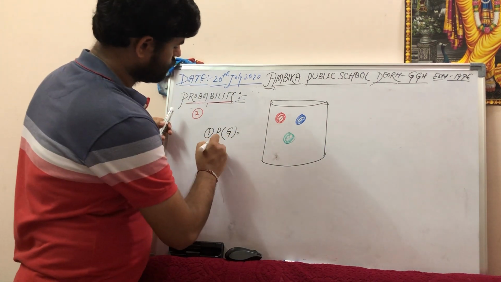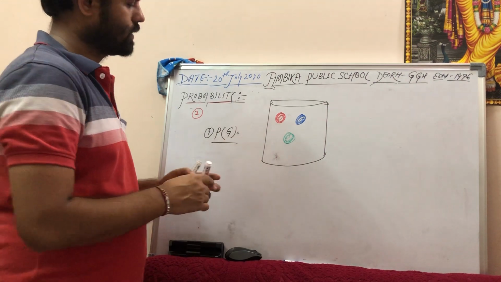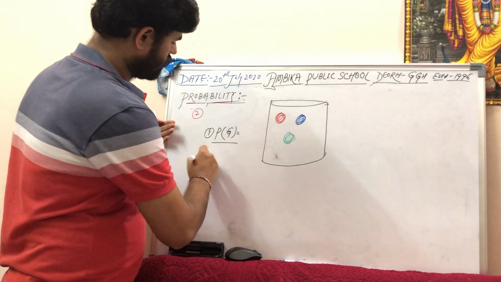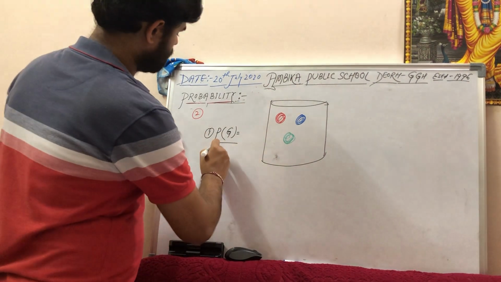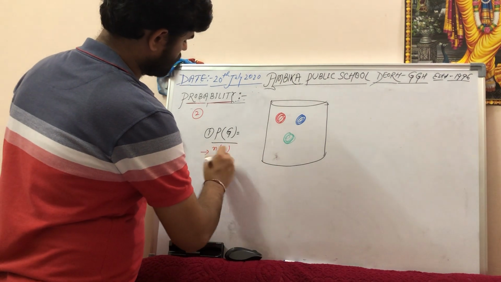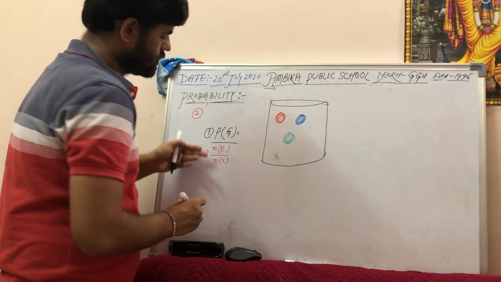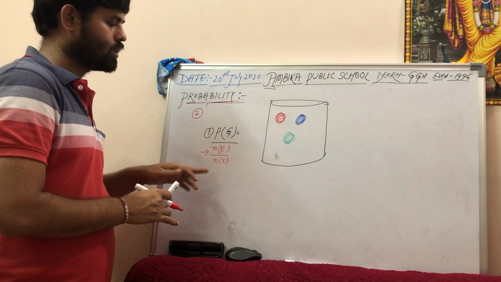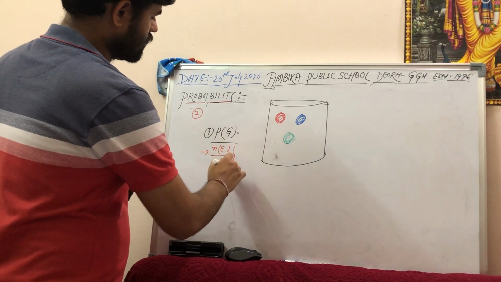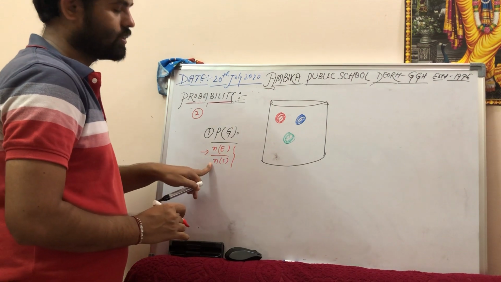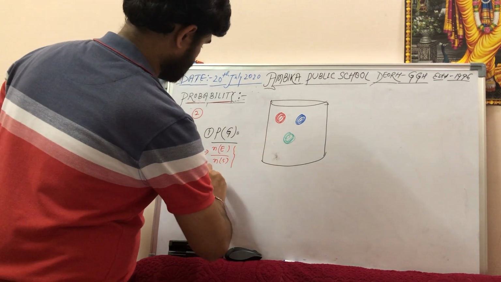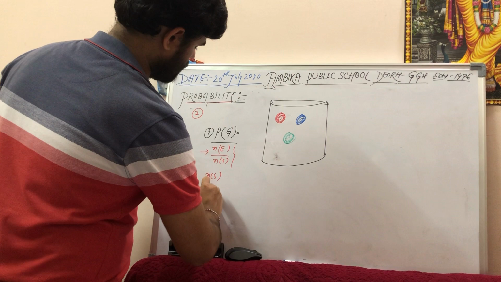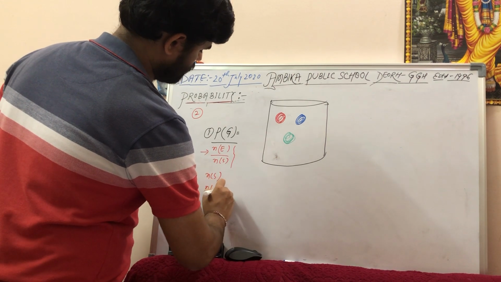So if I say probability of getting a green ball, then what is the definition? Probability means number of events by number of sample space. This is the definition, right? Probability equals number of events by number of sample space. So what all things do we have to find? We have to find first the number of sample space, second the number of events.